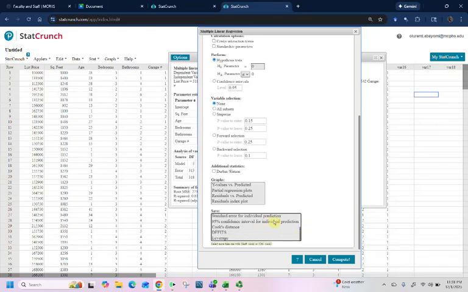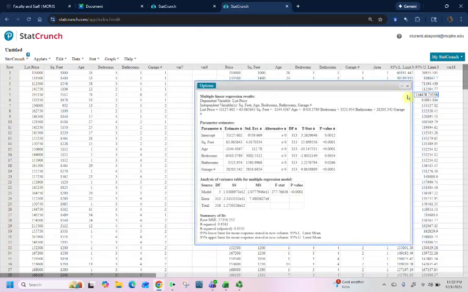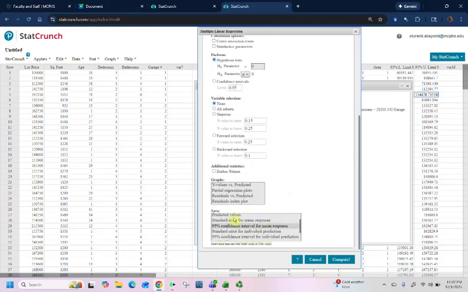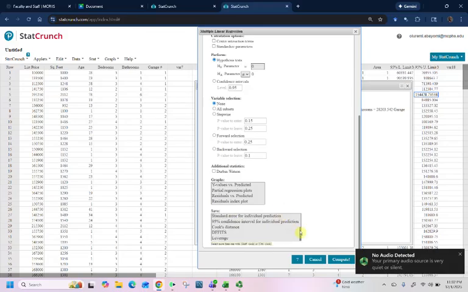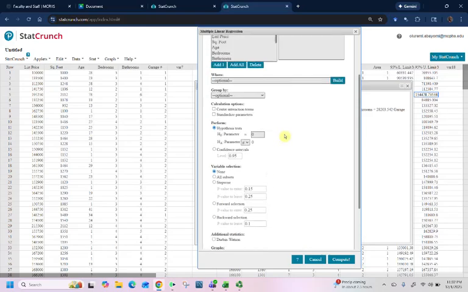Take note, it's not for the individual prediction. That will give us this, and let's compute. Oh, that gives us the confidence interval there. Okay, so we have those pieces there.